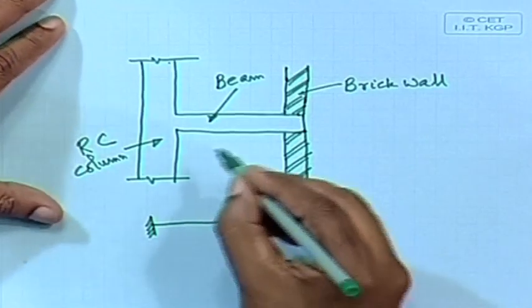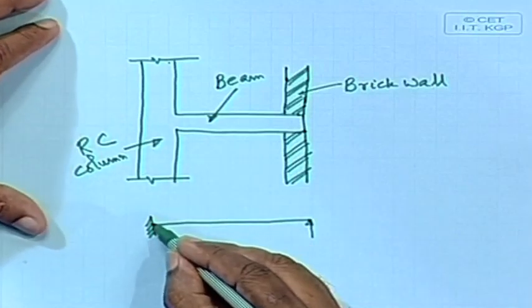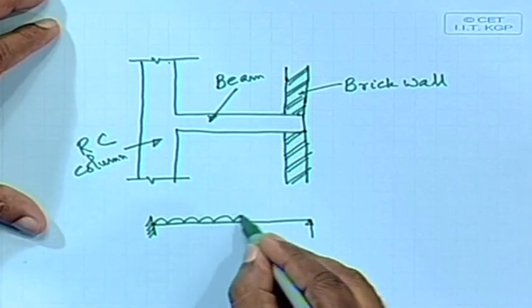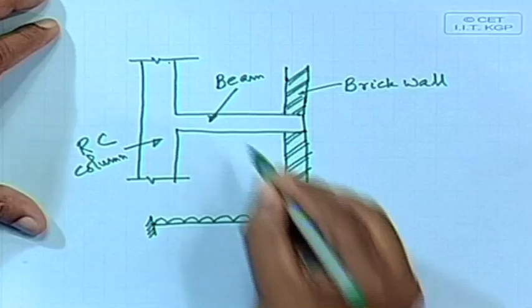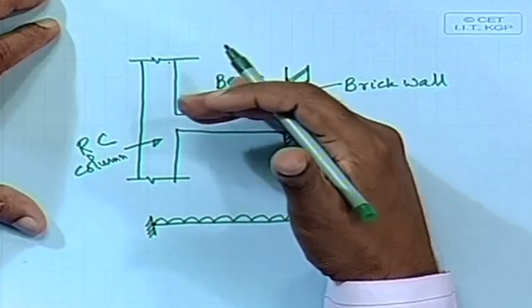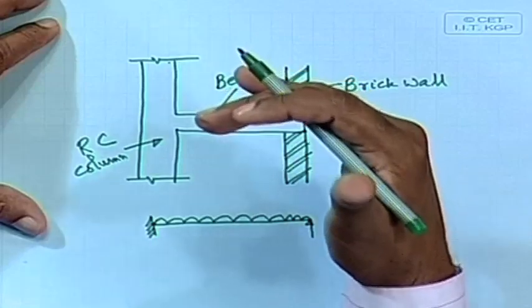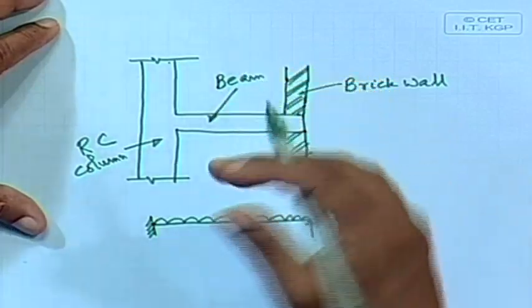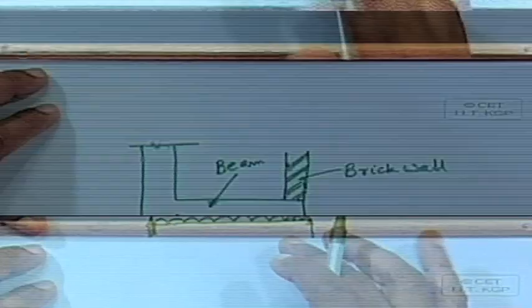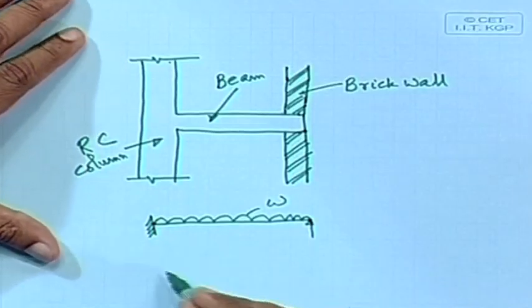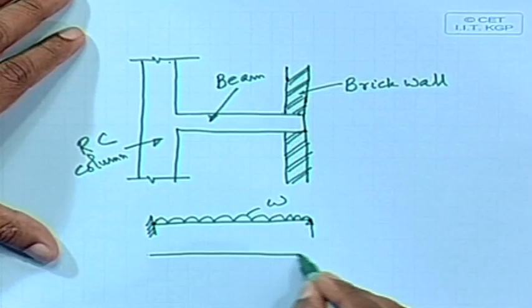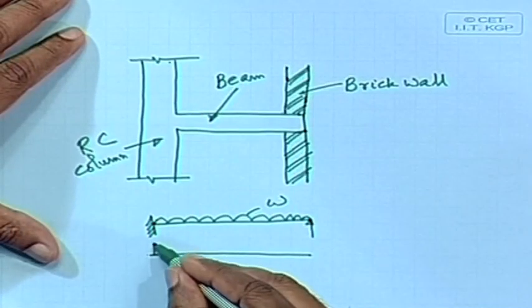And let us assume that we have a UDL. It may come if there are live load as well as that brick wall, and that one we can consider as W. So, we can find out the bending moment diagram.